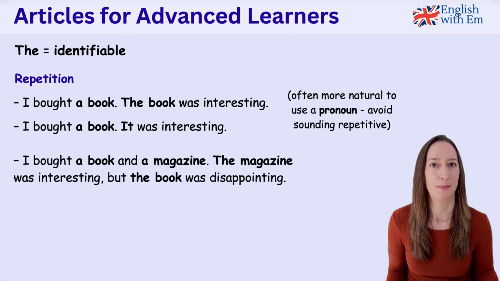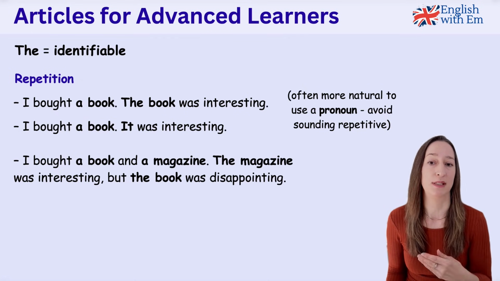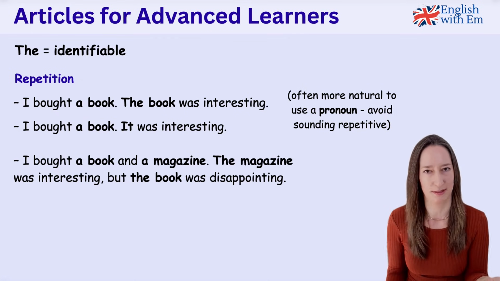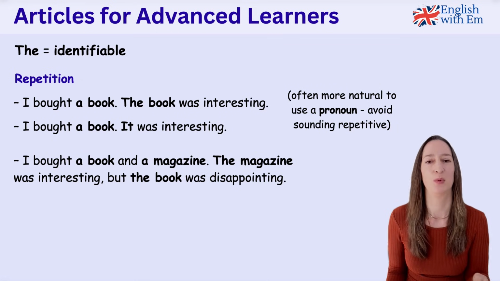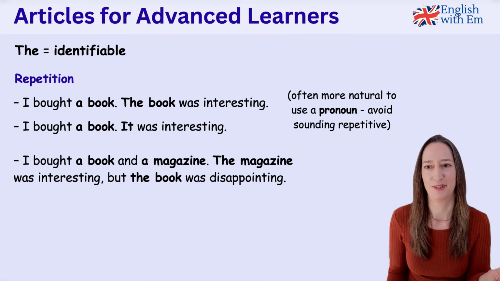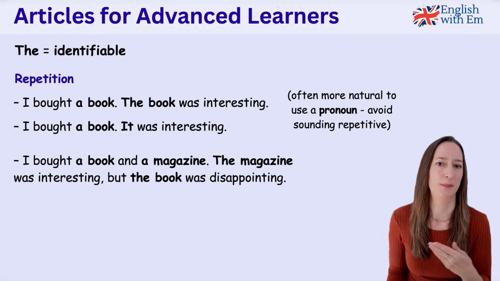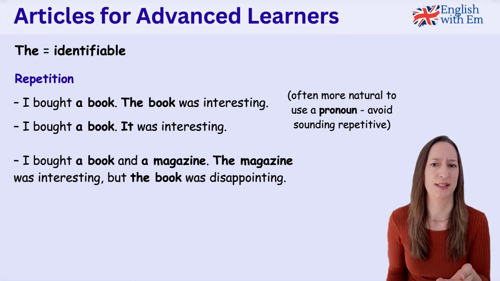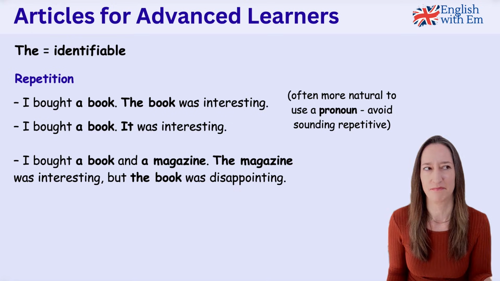I bought a book and a magazine. The magazine was interesting, but the book was disappointing. So here we wouldn't use a pronoun because it would confuse the issue. If you said, I bought a book and a magazine, it was interesting, but it was disappointing, what does it refer to? So sometimes we do need to repeat the noun.